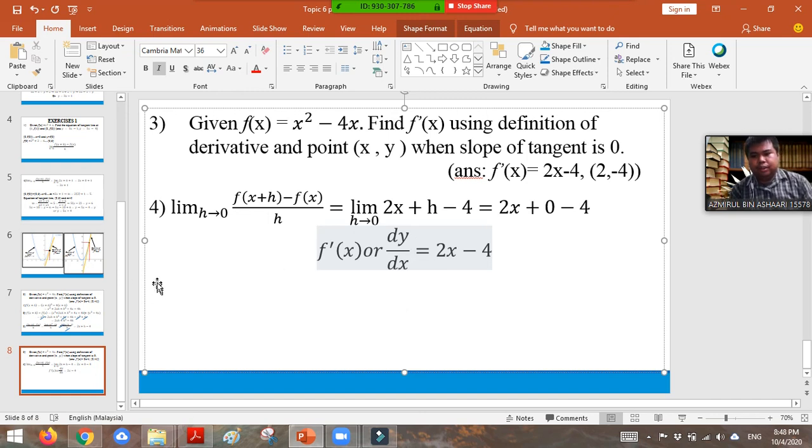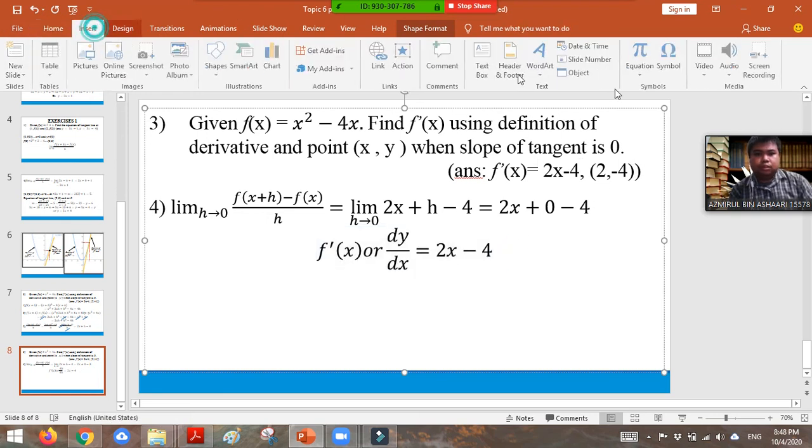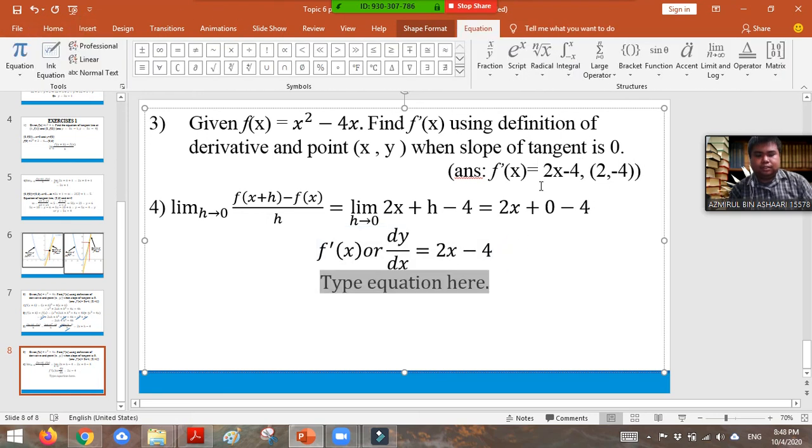For this case, we know that when the slope of the tangent is equal to 0, it means that f prime x or dy per dx is equal to 0, right? So that means this one becomes 0, 0 equal to 2x minus 4.